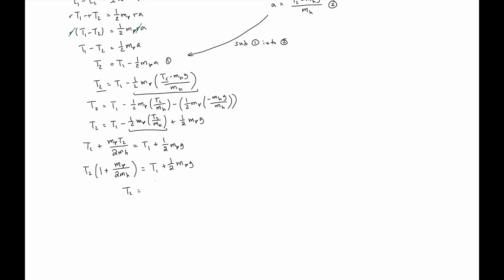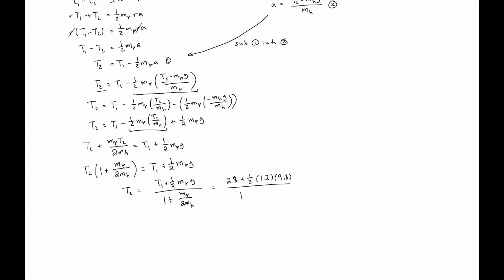T2 is then equal to T1 plus 1/2 m_p g, divided by 1 plus m_p over 2 m_h. Okay, so all that's left is plugging in our values. T1 was equal to 28, plus 1/2 times the mass of the pulley, which was 1.2, times gravity, 9.8.